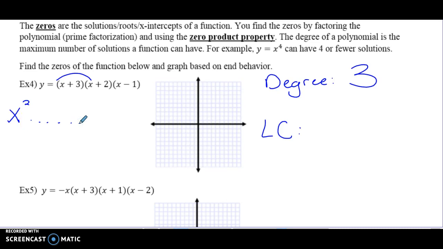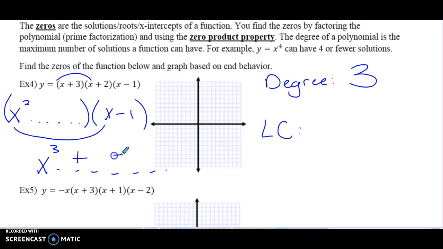And then what would I have to multiply that by? X minus 1, right? And then I distribute that. So once it's finally in standard form, what's the degree? 3. And all of the x's were positive, right? So the leading coefficient would be a positive 1.